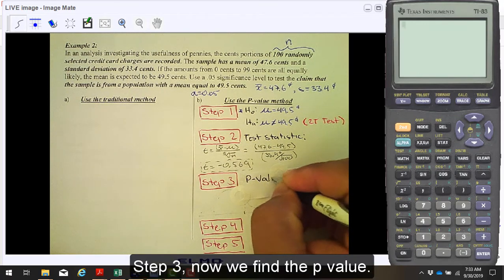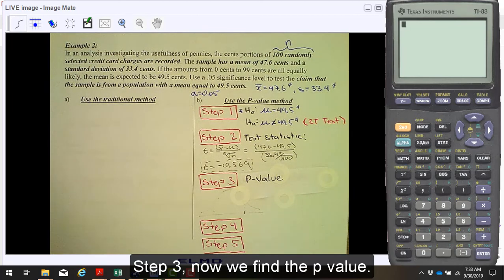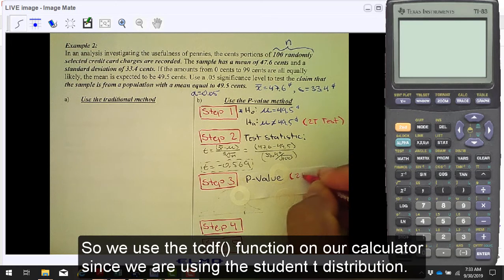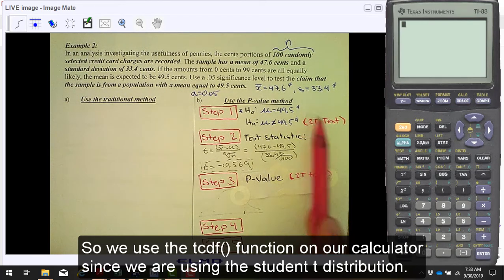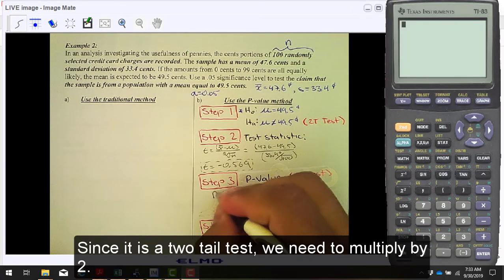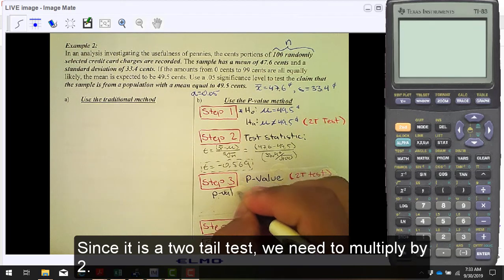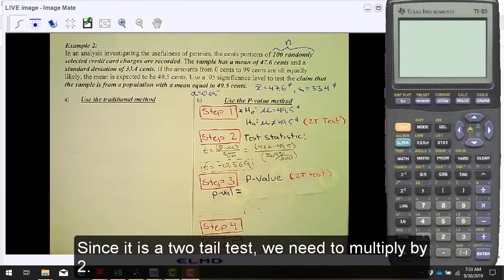Step 3, now we find the p-value. So we use the TCDF function on our calculator, since we are using the student t distribution. Since it is a two-tailed test, we need to multiply by 2.